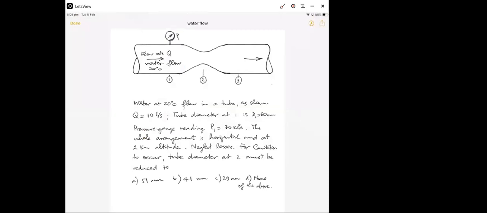Please give me your answer when you finish. This question is a little bit harder. It's harder than the first two questions.